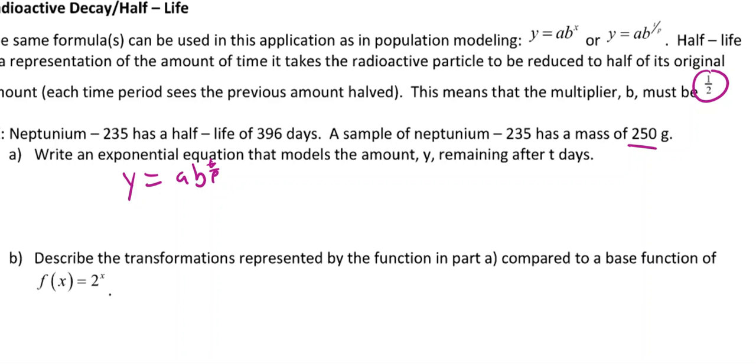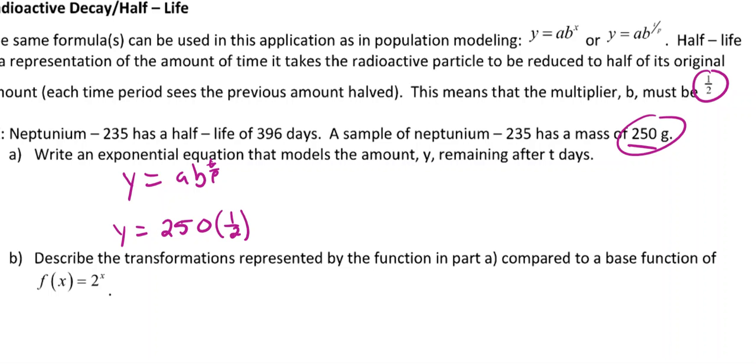And then let's just fill in what we know. So y is equal to, what should our a value be here? Yeah, 250, our initial sample, right? That's how much we started with, so 250. What should our b value be? Half, right? We're talking half-life here.